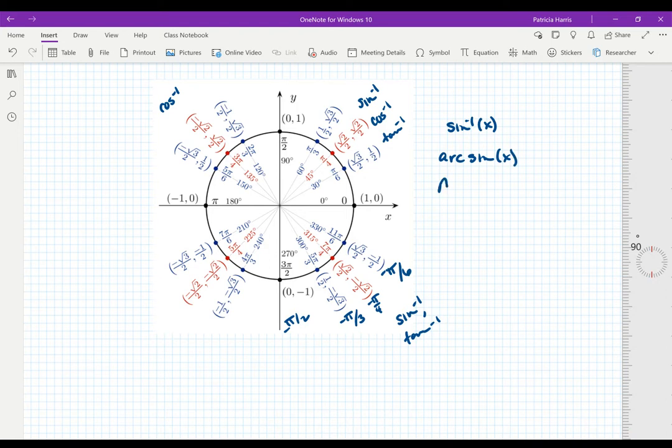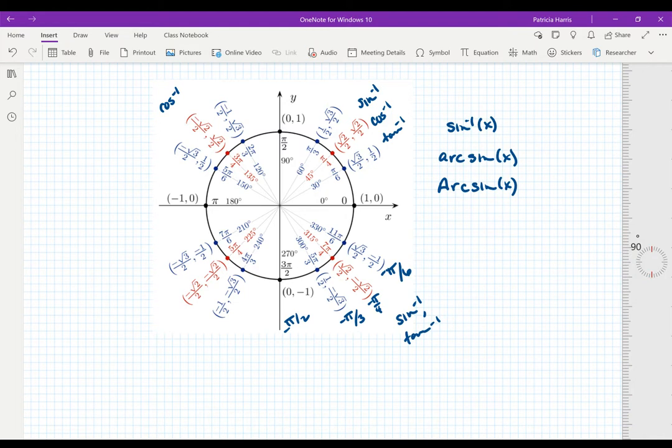Okay, you might also see a capital A. All right, so these kind of depend on what kind of book you're using, how old the book is. These notations actually do mean different things, but we're not really going to get into that right now.